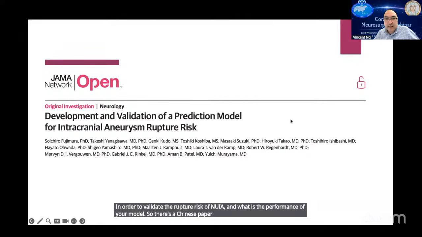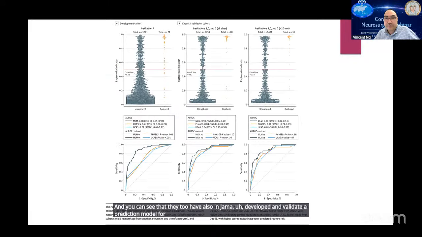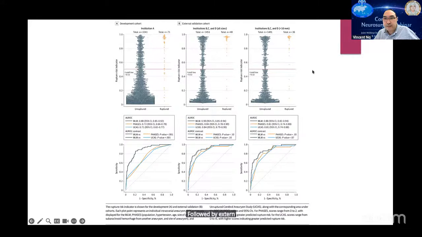This is the latest model that comes from Professor Murayama. And you can see that they too have developed and validated, in JAMA, a prediction model for intracranial aneurysm rupture risk. What you are seeing here is, number one, the discovery cohort, followed by external validation of the cohort with various institutions.